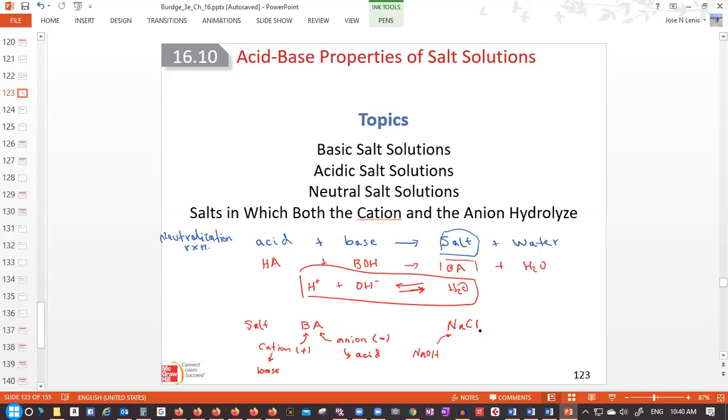Where is the anion coming from? Usually from the acid, HCl. So those two will react together to form the salt plus water, everything in aqueous solution.